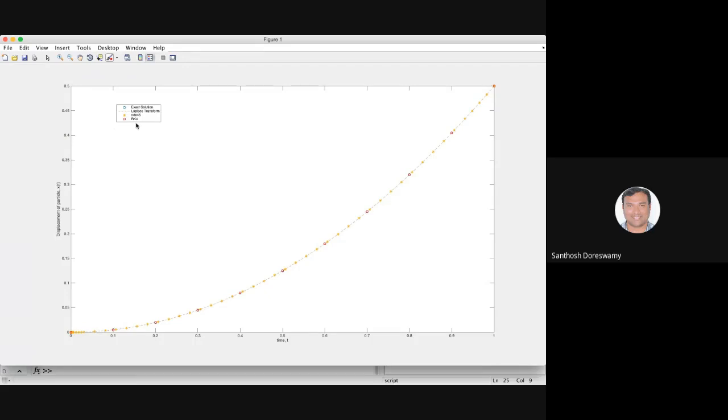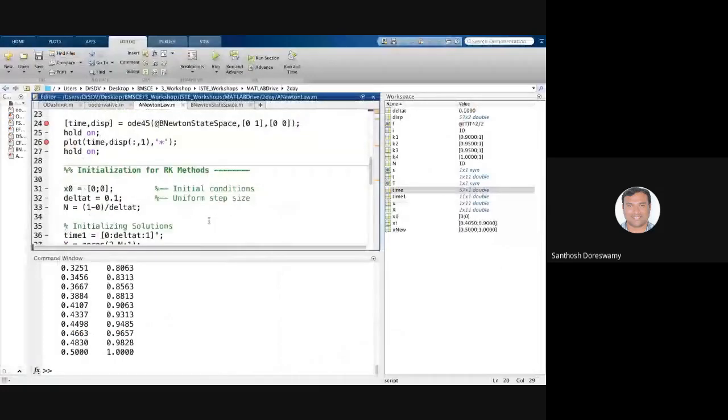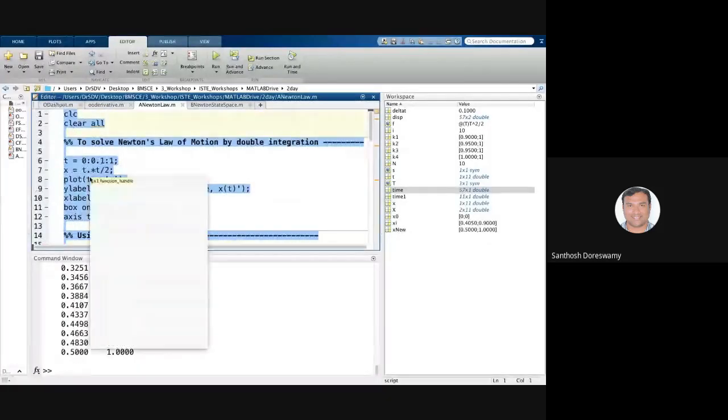RK4 is a higher order method because this is solving a second order differential equation. I'll get back to this, but before that I will paste this code for you. Please try to execute that on your computer.